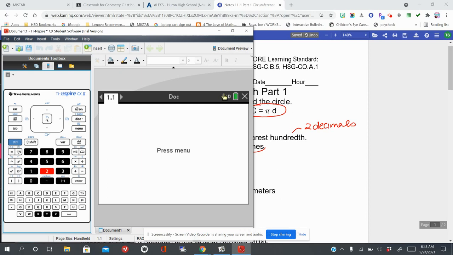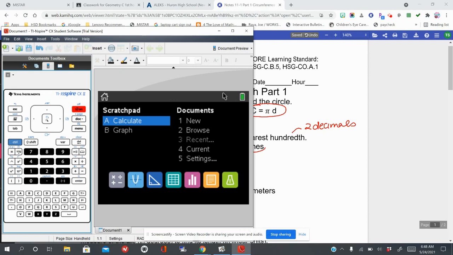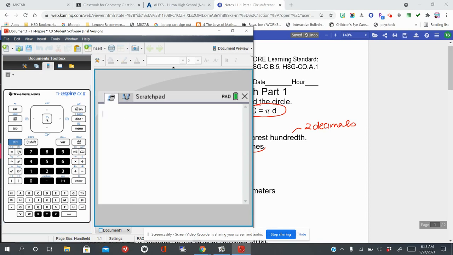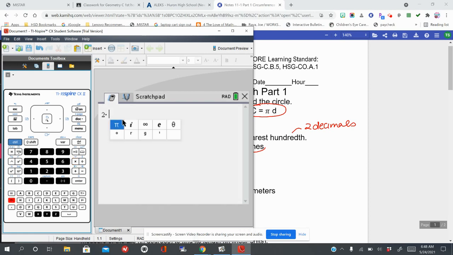So 2 times, is it going to work? Maybe we've got to turn it on. Let's try this. 2 times, you can use the pi key here. This is an Inspire, so let's see where the pi key might be. Right there.